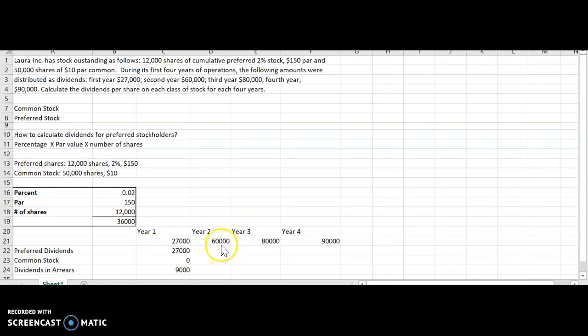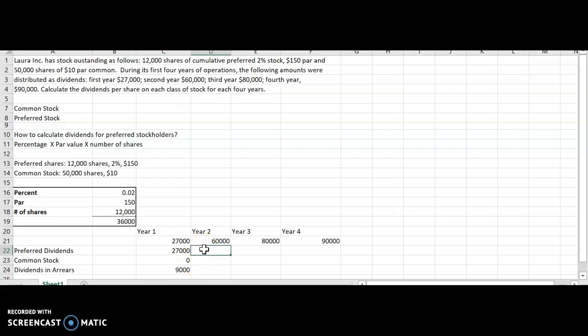So let's look at year 2. In year 2, we issued 60,000 cash dividends. We pay the preferred $36,000 every year. So we owe them the $36,000, plus we have to pay them for the $9,000 that we weren't able to pay them last year.